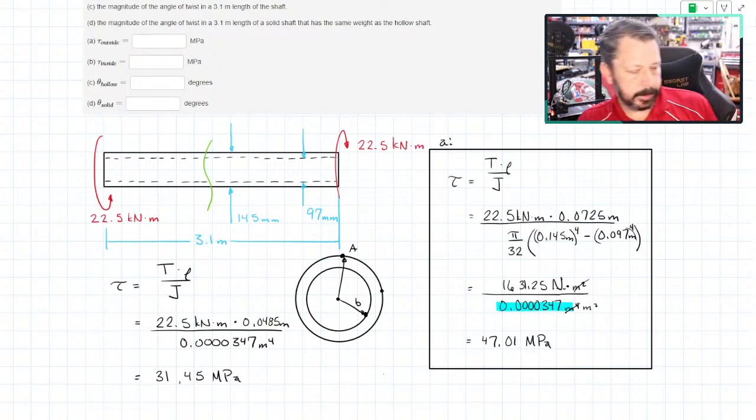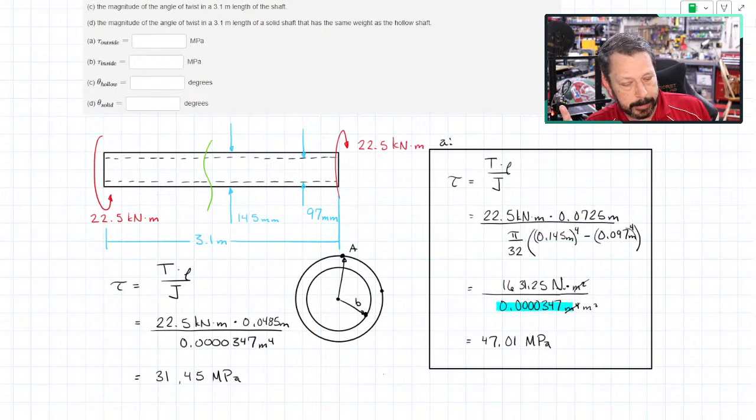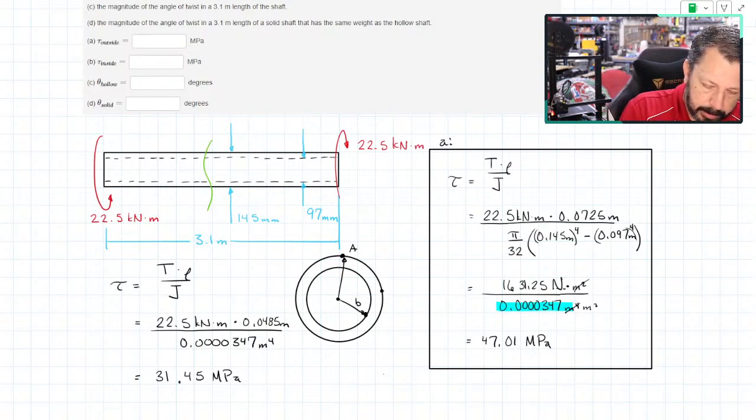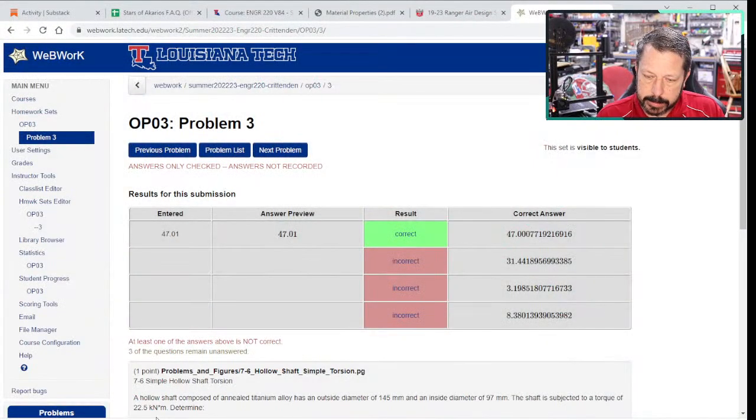So the actual number is 31,448,126.8 newtons per meter squared, which is 1 Pascal, newton per meter squared. And then I just converted it over to 31.45 million pascals. Let's see if WebWork agrees. Hopefully we will. Yes, 31.44 is what we calculated, so that should be fine.